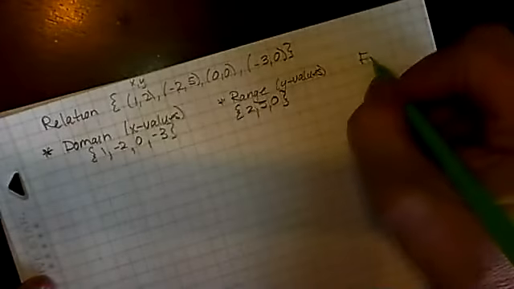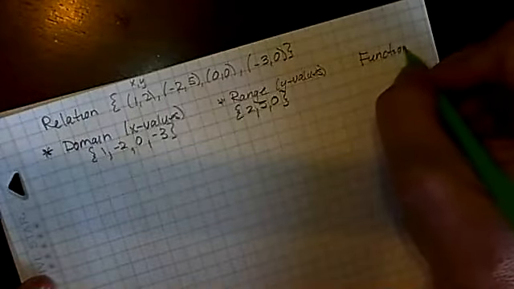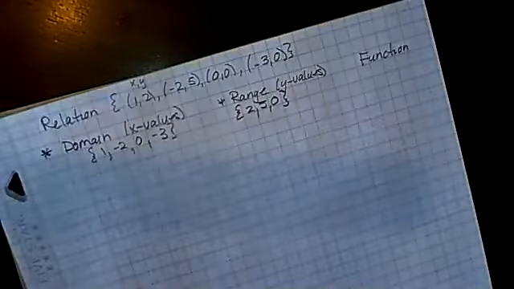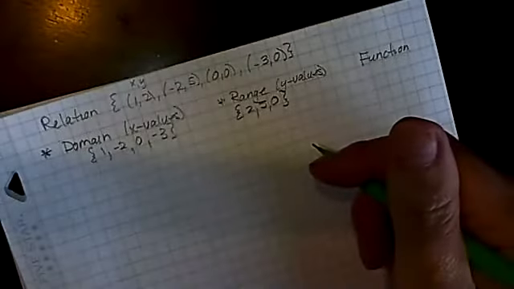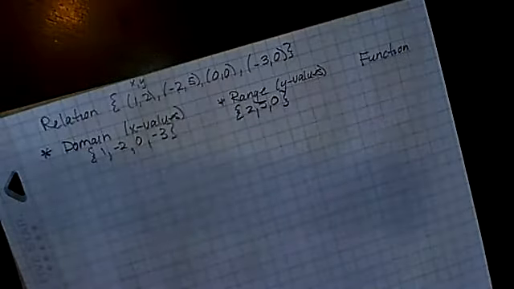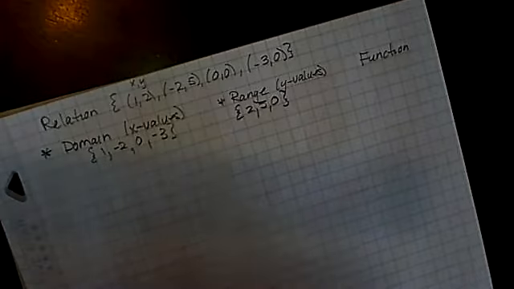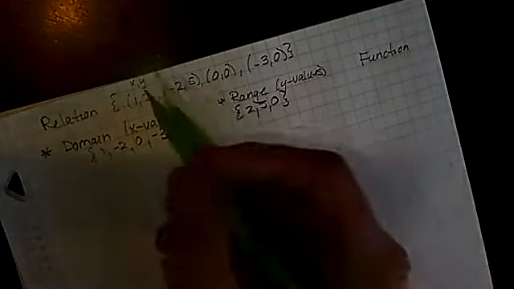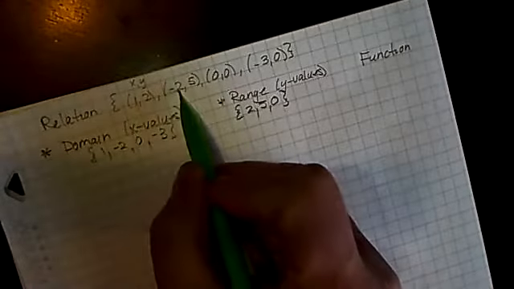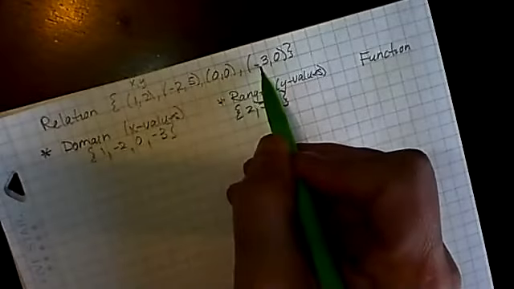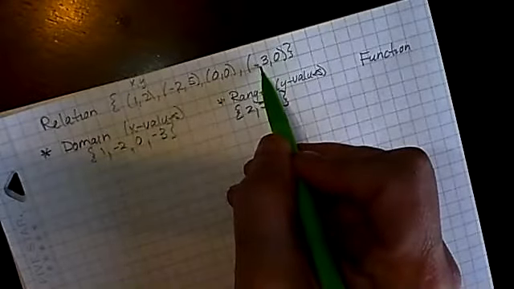Now, is this a function? In order for something to be a function, it has to have a one-to-one correspondence. All right, and so for every value of X, there's a value of Y. And one-to-one means that these X values can never be the same if it's a function. They will not be the same.